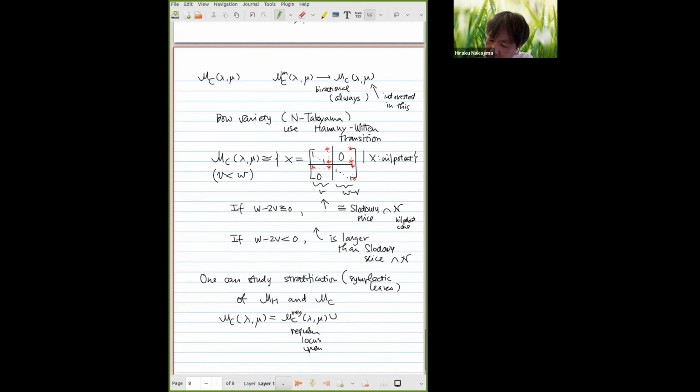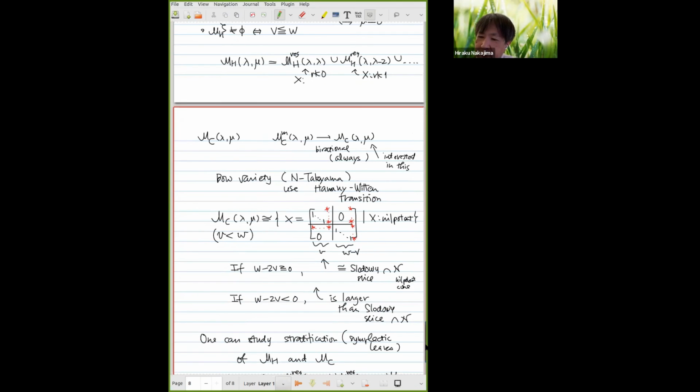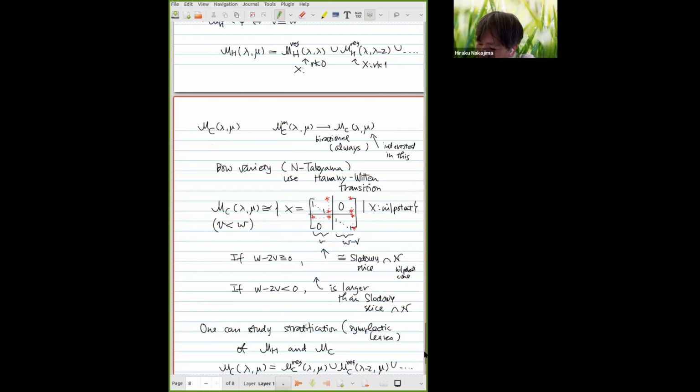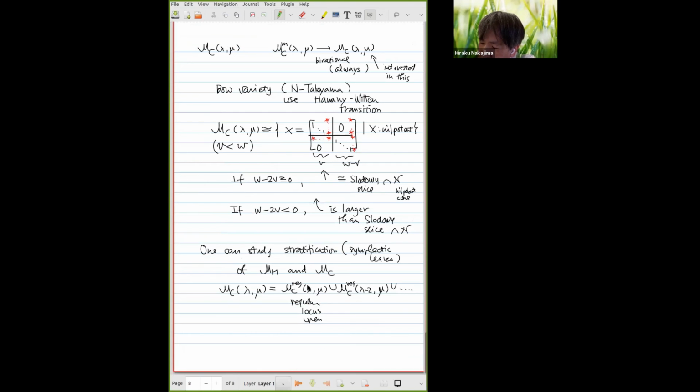And the next one is naturally isomorphic to the one where you replace lambda by lambda minus 2, and so on. So in the Higgs branch, you change the second entry, lambda minus 2 and so on. But in the Coulomb branch, you change the first entry from lambda to lambda minus 2 and so on.